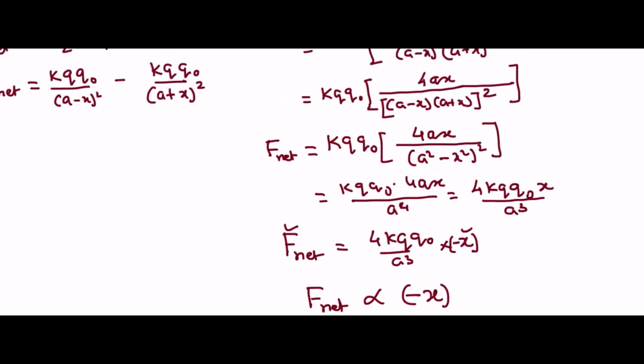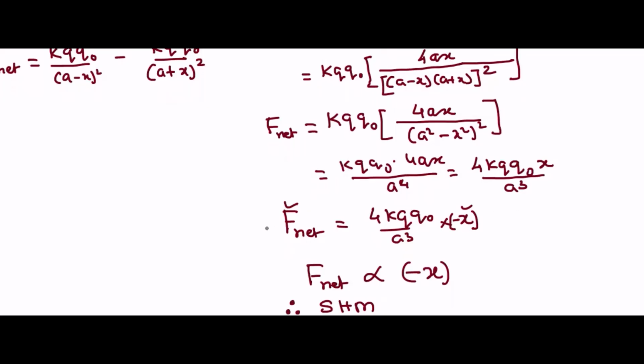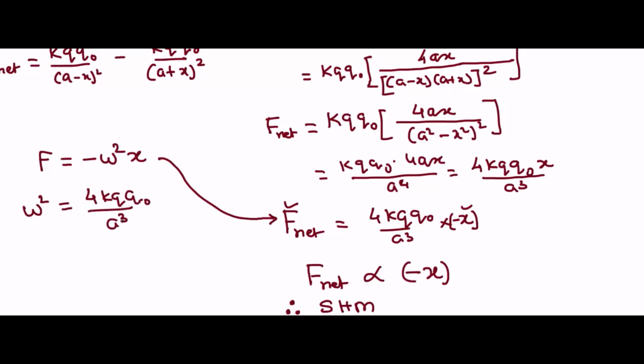Now let us try to find out the time period of this. As far as time period is concerned, we know that the standard formula for simple harmonic motion is F is equal to minus omega square x, where omega is the angular velocity. Comparing this equation with this equation, we can say that the value of omega square is equal to 4k q0 by a cube.